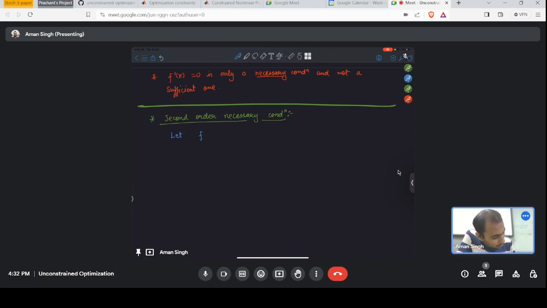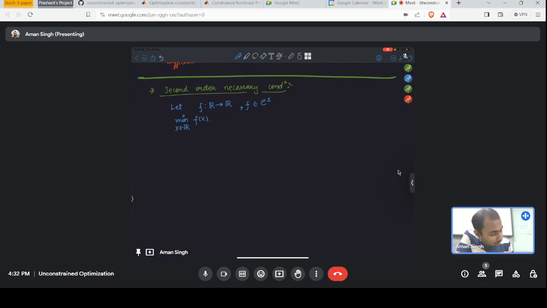Let f be a one-dimensional real valued function and let f be a continuously differentiable function, and consider a problem of unconstrained optimization of f x, where you have to find the minima.